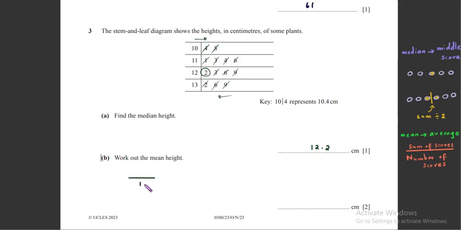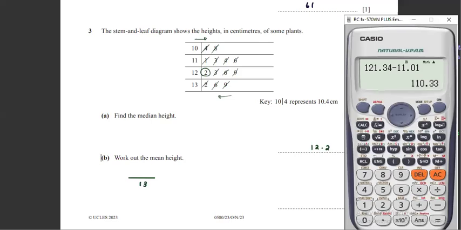Which means the total that we get here has to be divided by 13. So instead of writing all these numbers here, I'm going to put them directly in the calculator so that it's easier for us to work on.